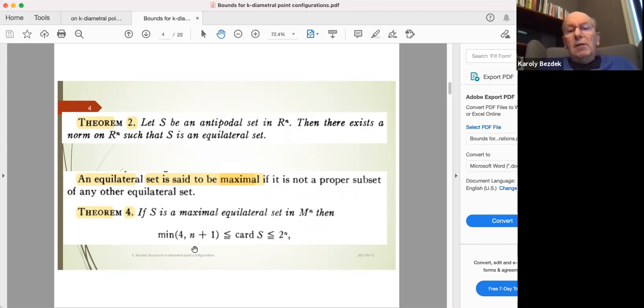On the other hand, he actually raised an interesting problem here in this very short paper. First, I just want to recall his third theorem from this paper, which states that if we take a maximal equilateral set in n-dimensional Minkowski space, in other words, an equilateral set which we cannot enlarge, preserving the equilateral property, then the cardinality of such a set is at most 2^n, and it is at least 4.